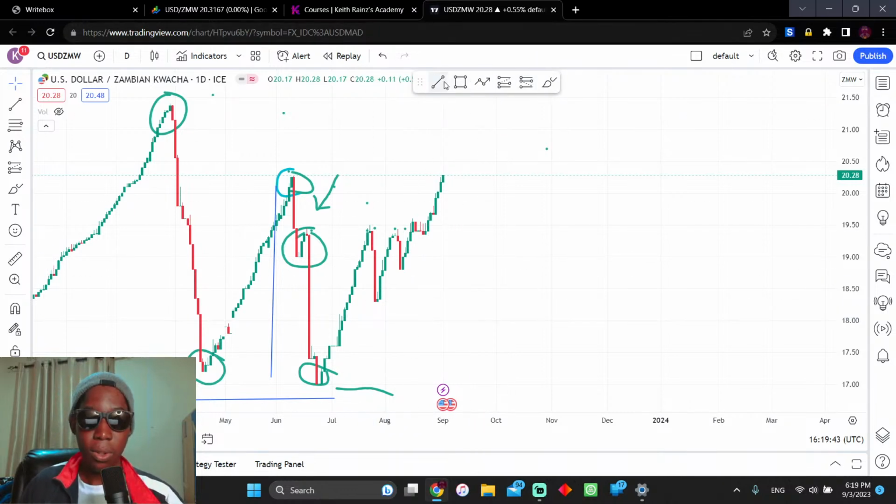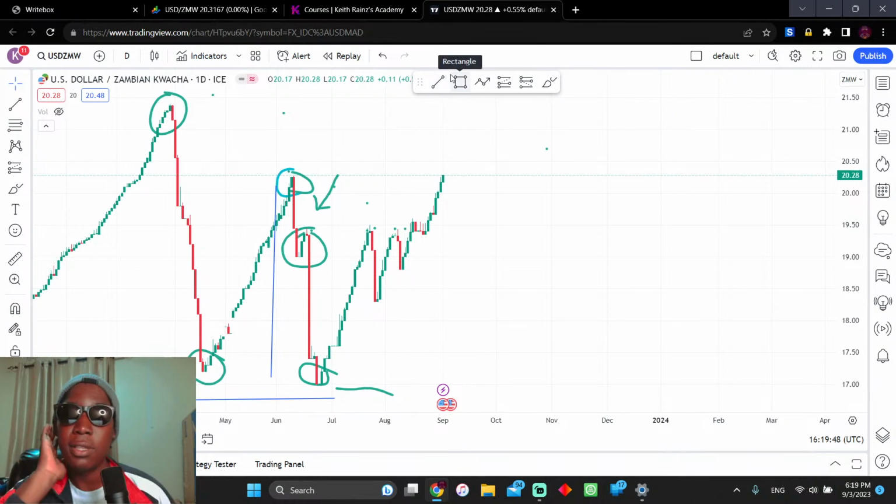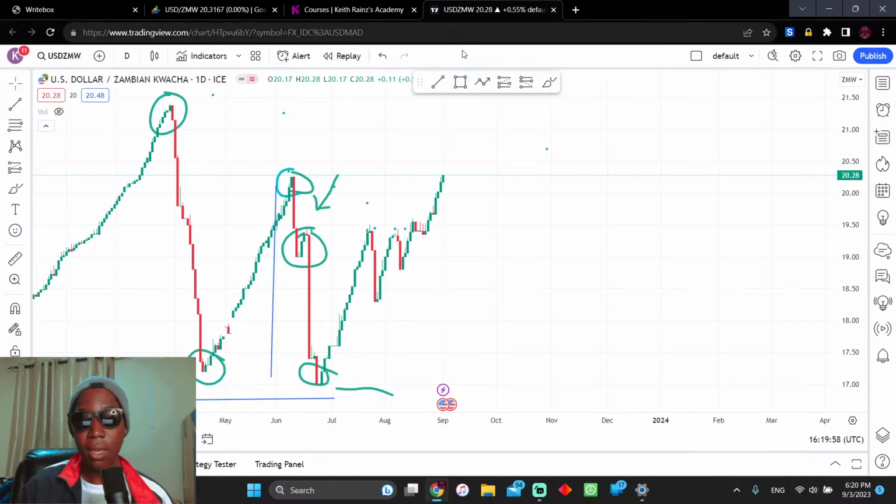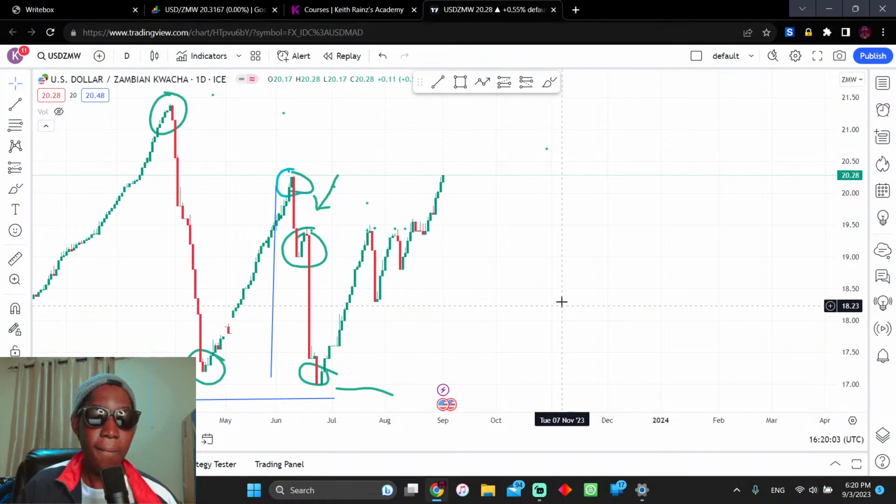So now what we're interested in is what happens from now. Usually when trading, you follow where price is heading. It's called price action, the start of price movement.